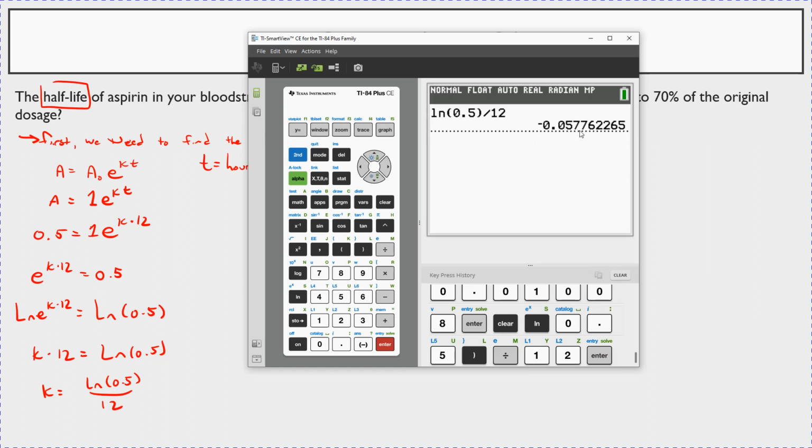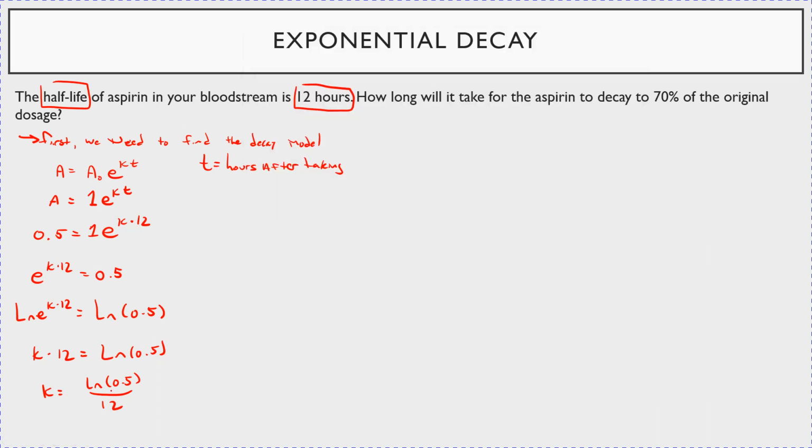I'll go out again, 5 decimal points here. Okay, so this is what I got. The amount in the bloodstream, okay, is equal to 1 times e to the negative 0.05776. And this is for every one unit that you take, or one dosage, okay?